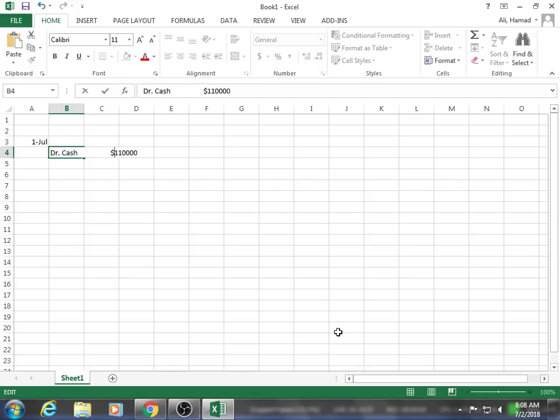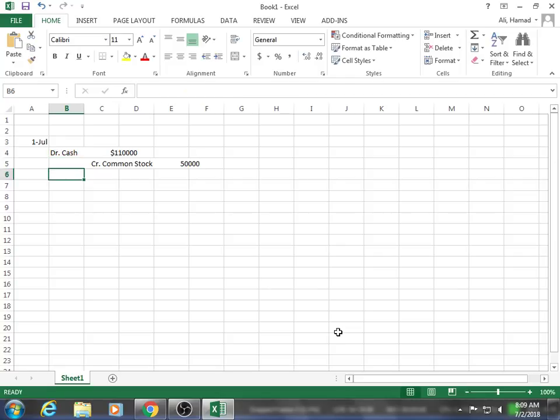And what do we credit? Common stock. We credit common stock for how much? For 10,000 shares, what was the stated value? The stated value was $5. So common stock for 10,000 times 5 is 50,000. That's correct.